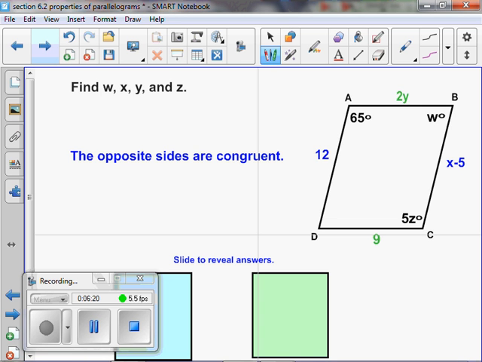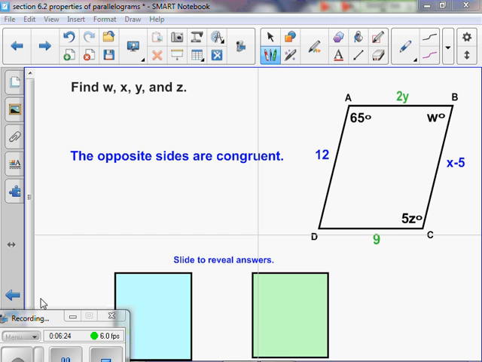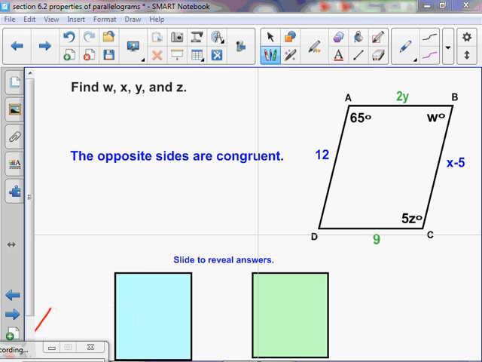W right here, first of all, notice, is right next to an angle that's 65. And what did we just learn? We learned that when you have two adjacent angles in a parallelogram, then you know that they must be supplementary.